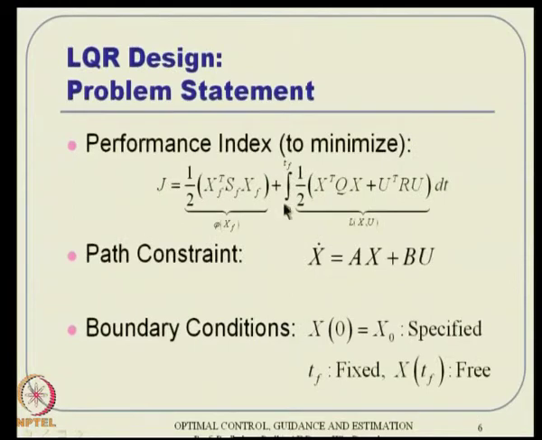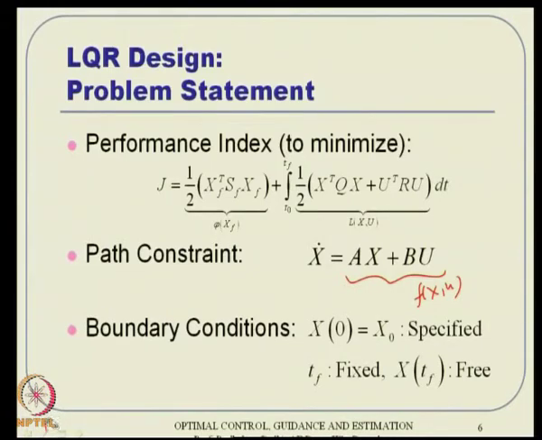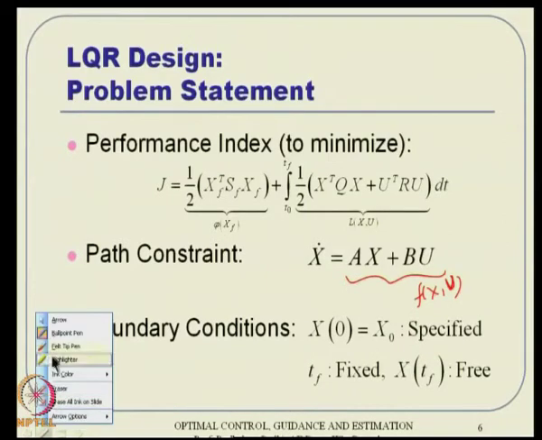Okay. What is our Hamiltonian? Hamiltonian is nothing but L plus lambda transpose f, and remember this is our f, f of x, U. Okay, not small u, big U. Well, in our notation, any small thing is a scalar and any big thing is a vector.